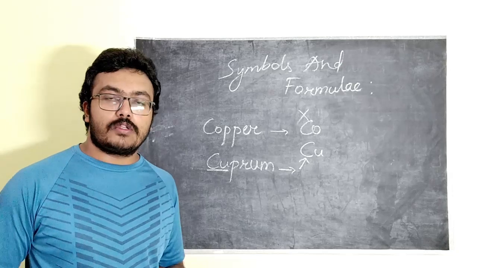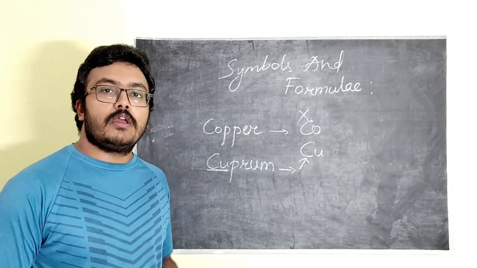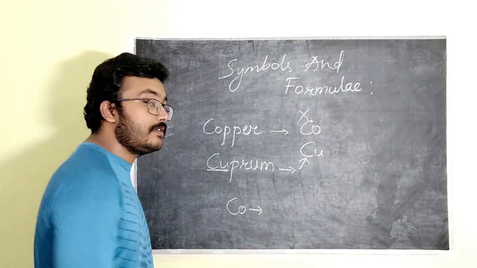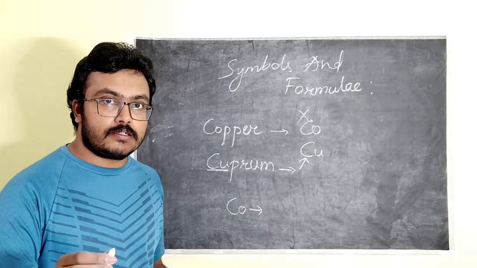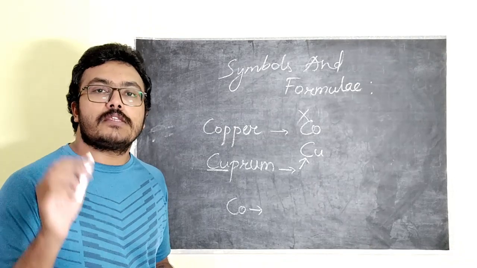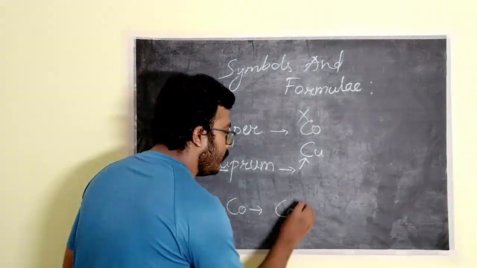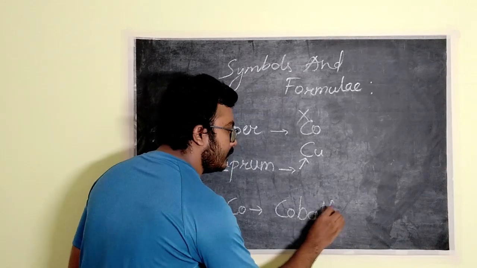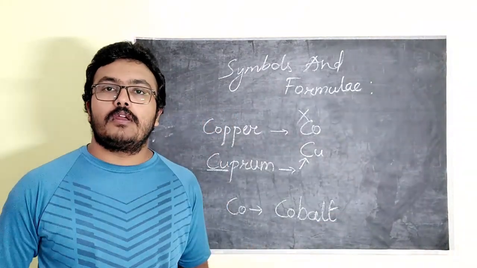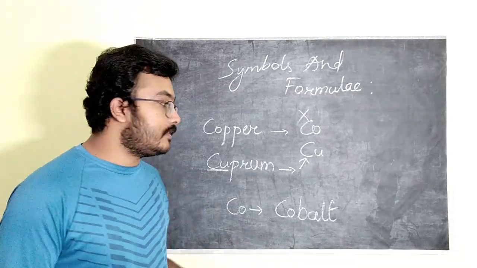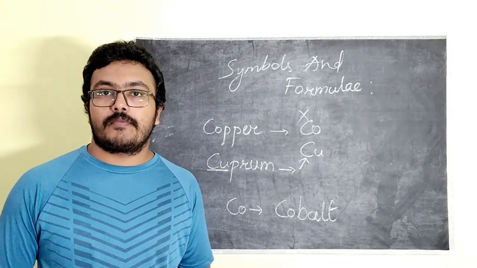If you have that doubt, it's very simple. Co is a symbol for, if you have guessed it, good, Co is a symbol for cobalt. So this is how the symbols of the elements are derived.